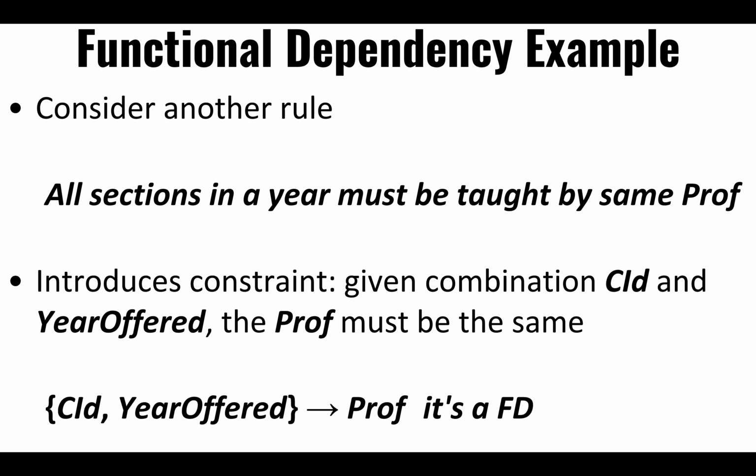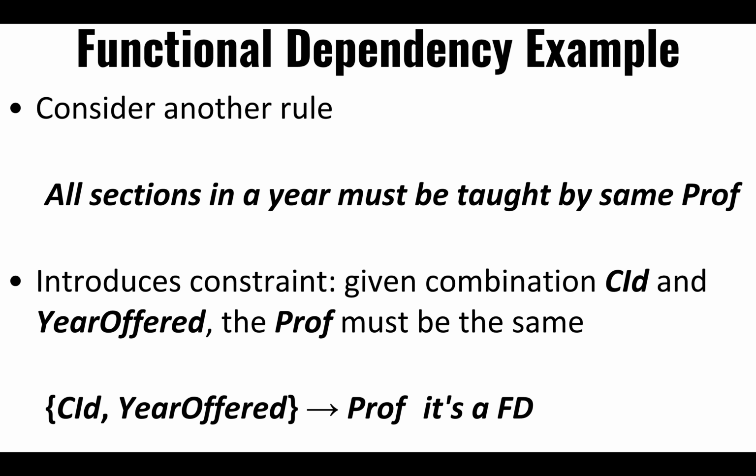Here's another one. It says all sections in a year must be taught by the same professor. Right? Again, this one's a little more subtle. This says that the combination of section and year immediately implies who's teaching it.